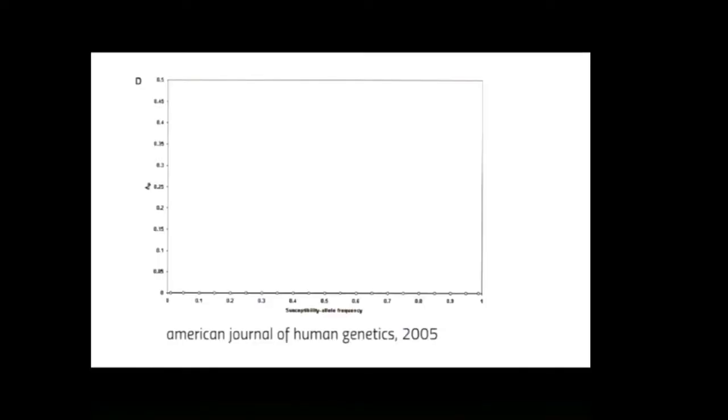So I wonder what the reviewers of the paper thought about it, but okay. This is an empty graph supposedly showing a function of the frequencies of an allele in the chromosomes. I don't know what the author of the paper had in mind.